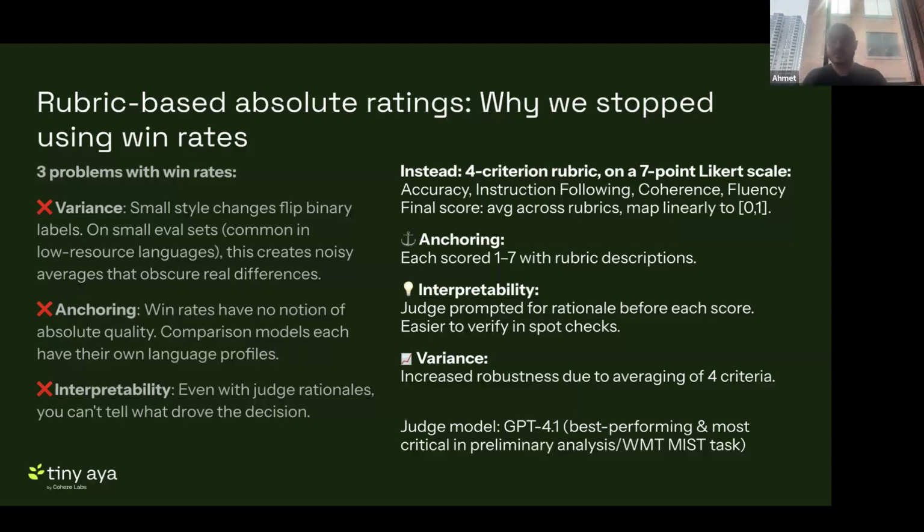Balanced as in you still get a comparison with any other model, but you also get a better understanding of where this model's performance is in that task and that language. Of course, this still requires a judge model, and we use GPT 4.1. In our preliminary experiments, GPT 4.1 ended up being really good at comparing different models and giving a balanced performance metric that fits this Likert scale.